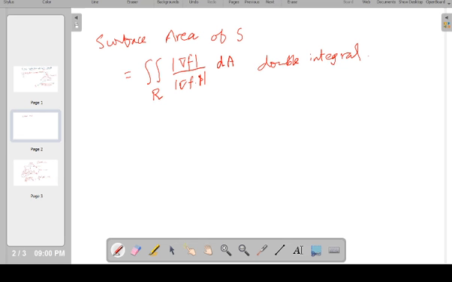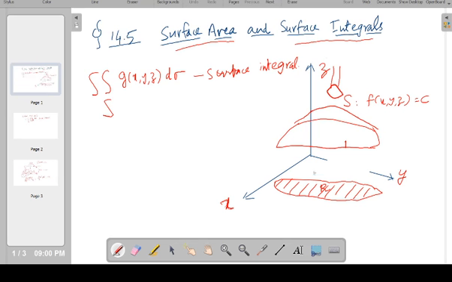So what is P? P is a vector. And what is this dot? This is the dot product. And P is which vector? P is a unit vector perpendicular to R. So this is your vector P. If you are lighting directly from above, then the shadow region will be lying on the xy plane.